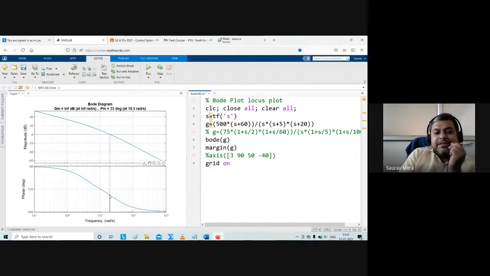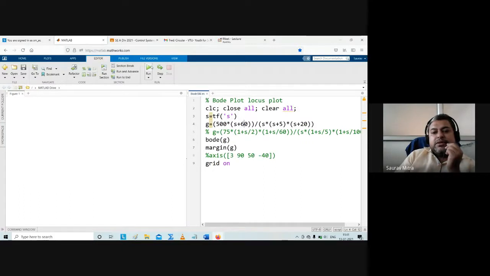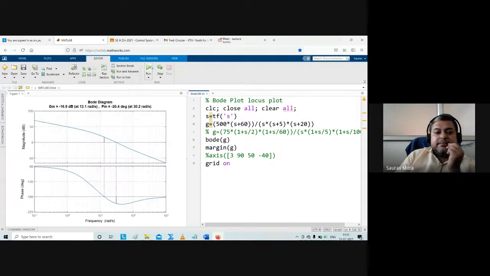The phase is never going below, but now make it 60 and check. Everybody knows how to solve numericals, but just playing with the transfer function, that is the main thing. So now in this case, what you are finding is this is what it is. The system has become unstable.